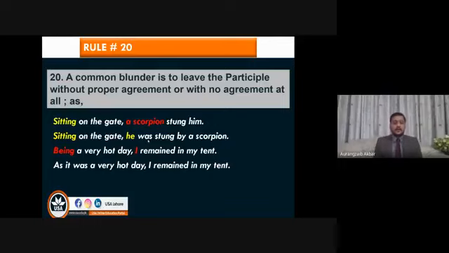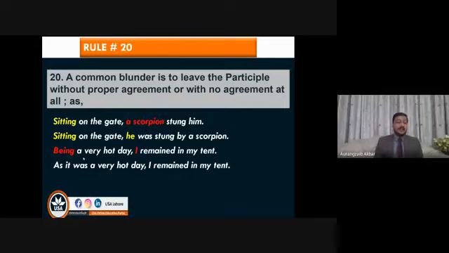Because "sitting on the gate" is a participle form, it requires a proper agreement: he was stung. Then: "Being a very hot day, I remained in my tent." Okay, this is a wrong sentence.